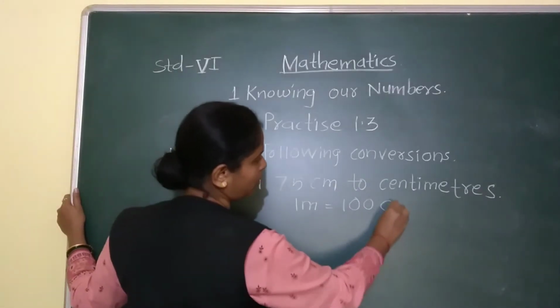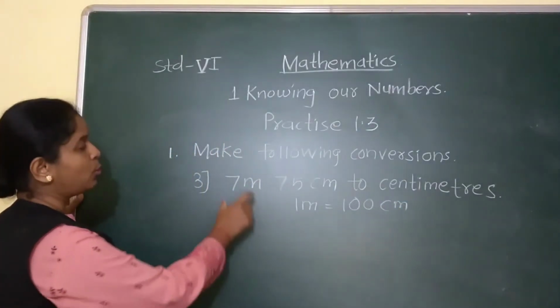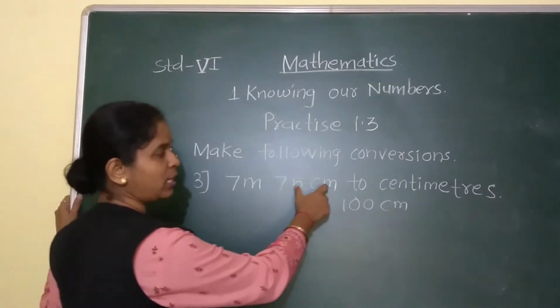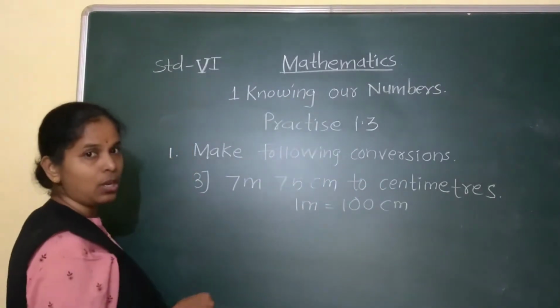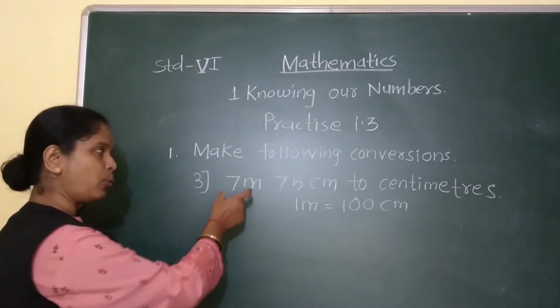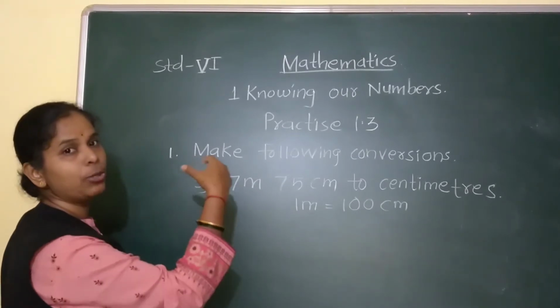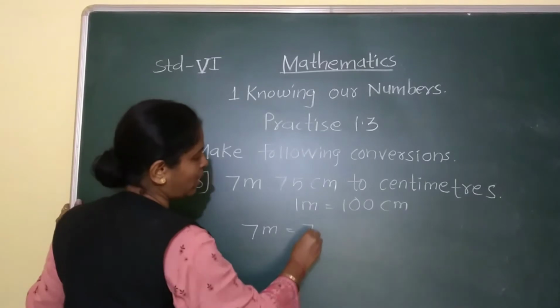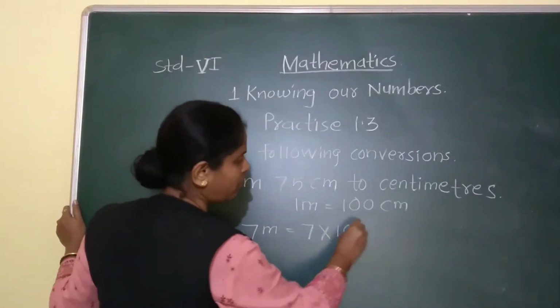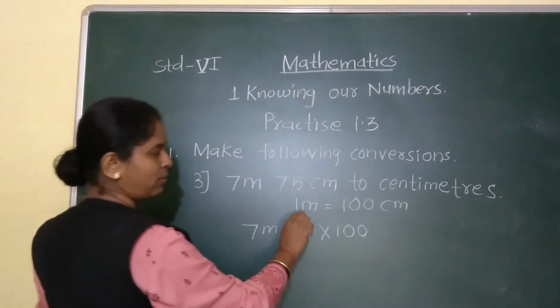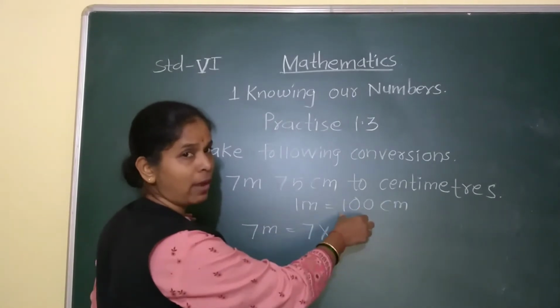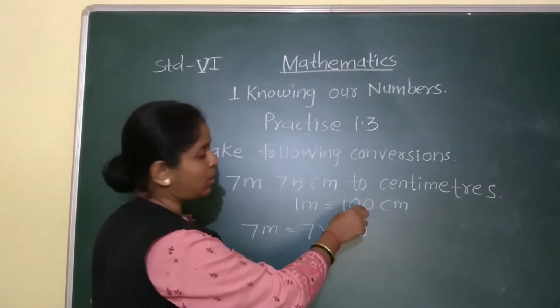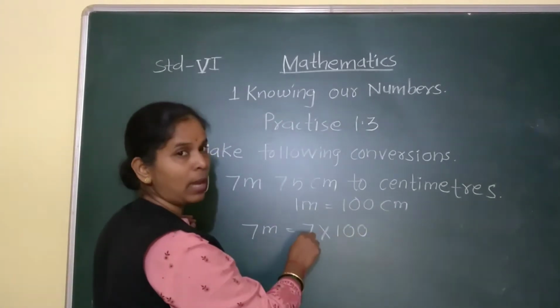1 meter is 100 centimeters, correct? So to convert 7 meters 75 centimeters into centimeters, what we have to do? First we have to convert 7 meters into centimeters. So 7 meter is equal to 7 into 100. We have to multiply it by 100.